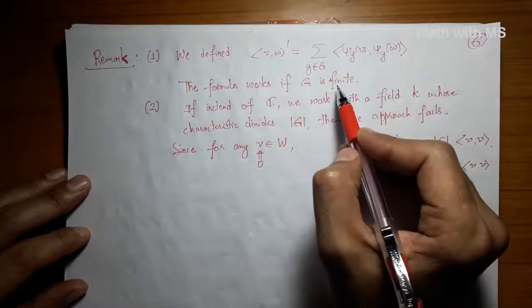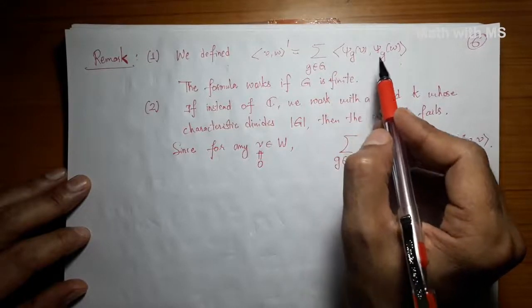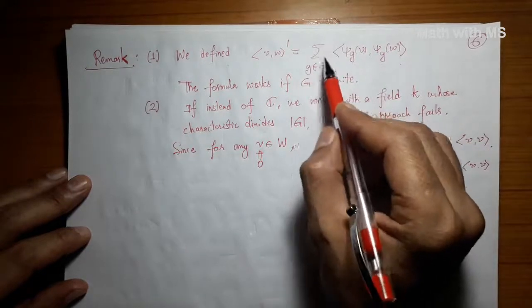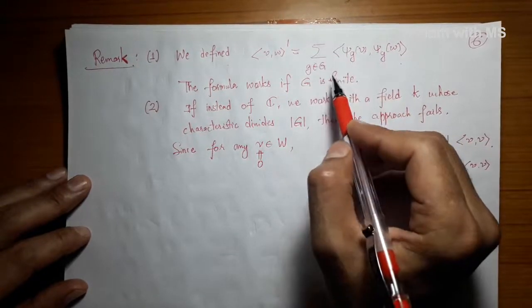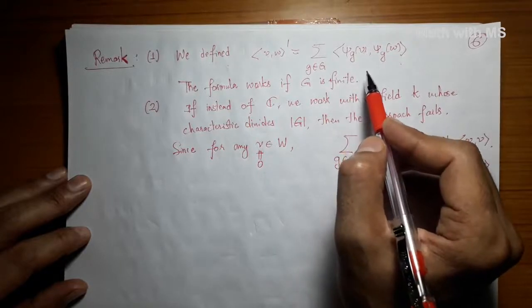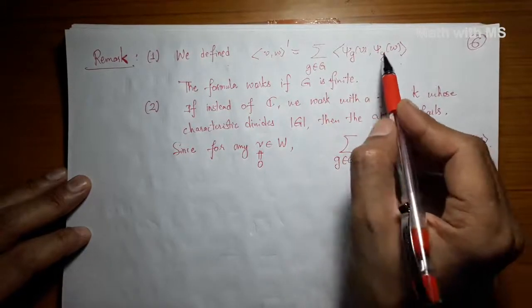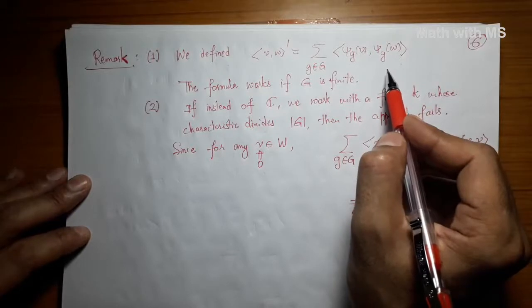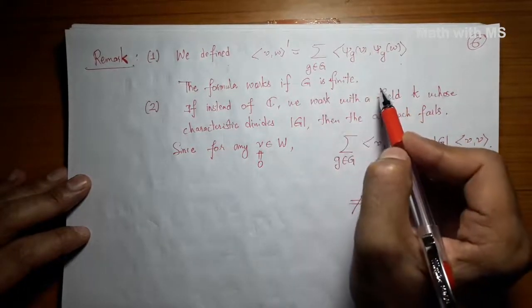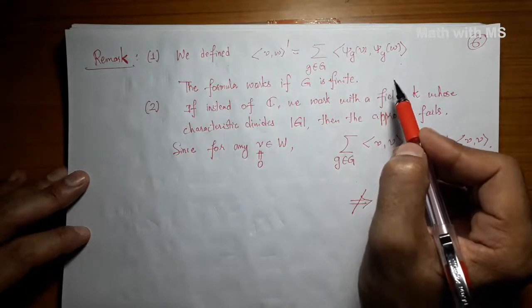However, if your group has some kind of measure, for example for locally compact groups, you could replace this sum by an integral with respect to an appropriate measure. So that's a hint that some ideas can be generalized to locally compact groups. Finite groups are of course locally compact with the discrete topology. In fact, they are compact.